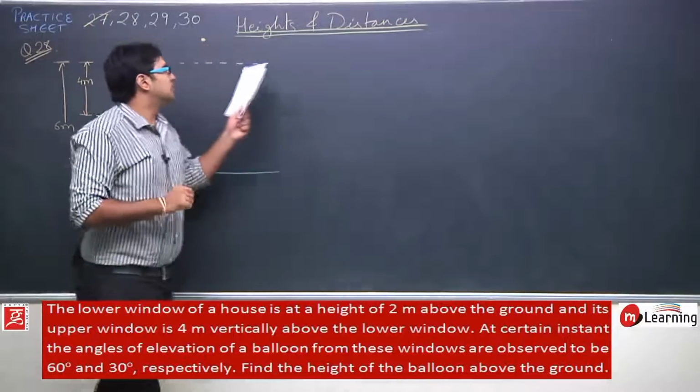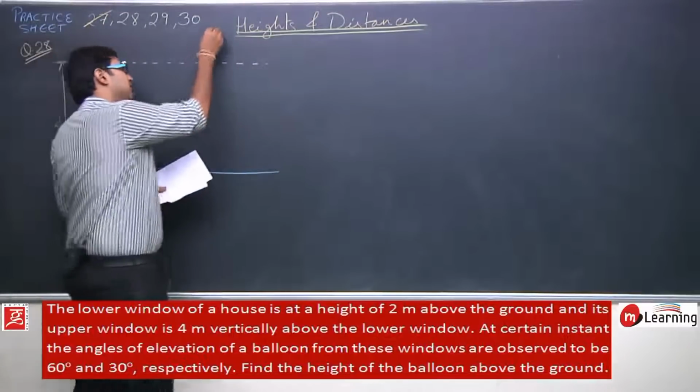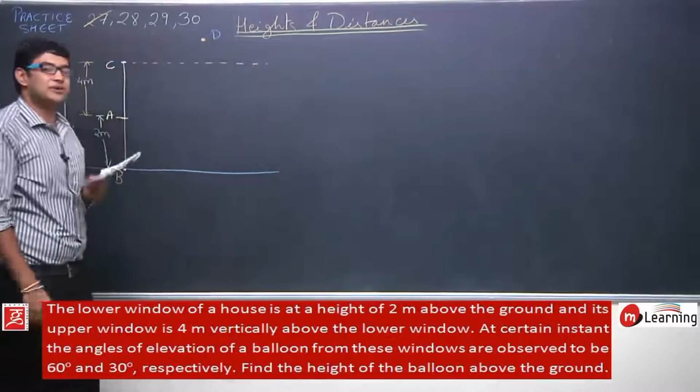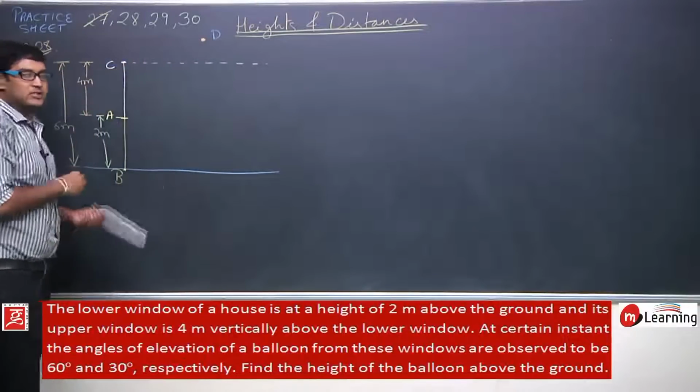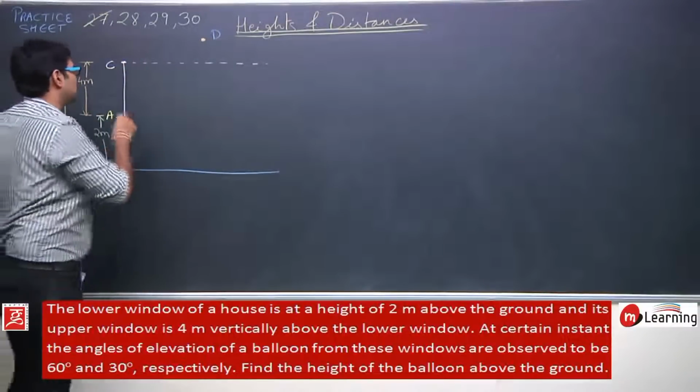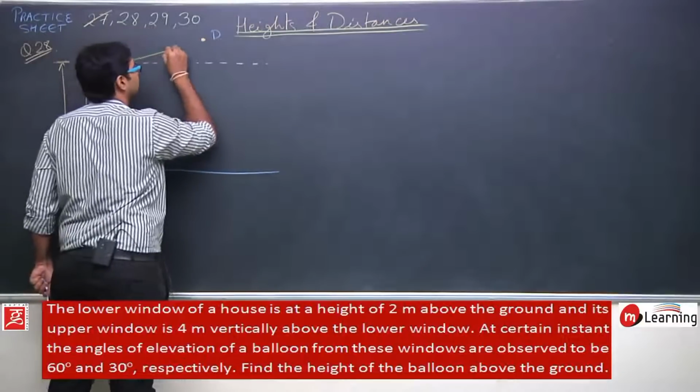So I assume that, let us say, the balloon is located here. Let us say this is the point D. This point D represents the balloon. If I am observing this point D from this point C, what should be my line of sight? My line of sight is this one.